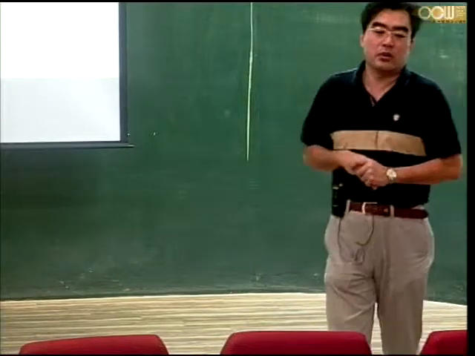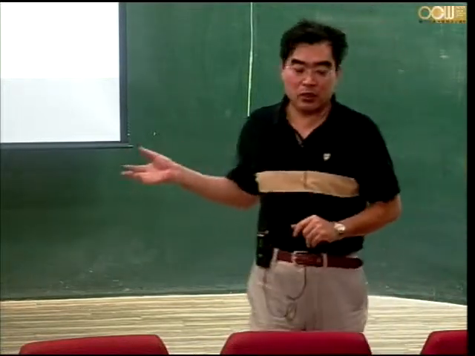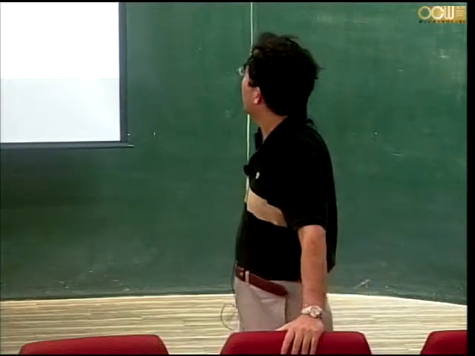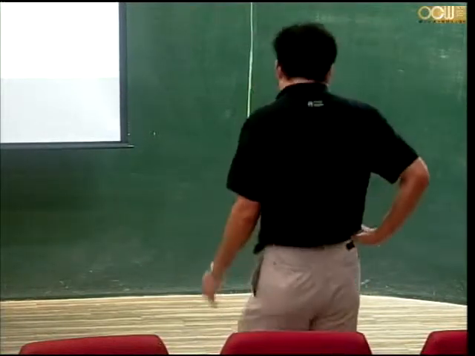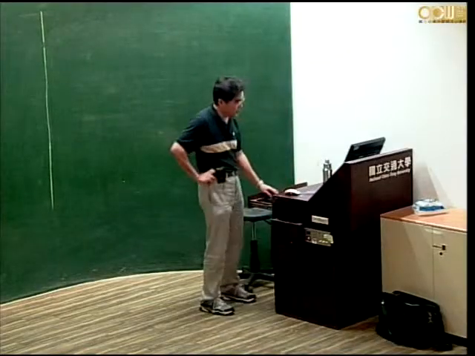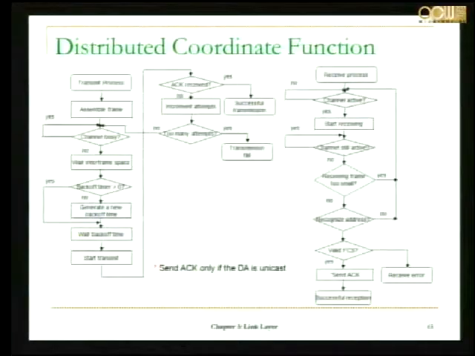So they abandoned the idea of collision detection. It doesn't help. So what you do is that you don't do collision detection, but you do collision avoidance by a binary random backoff.